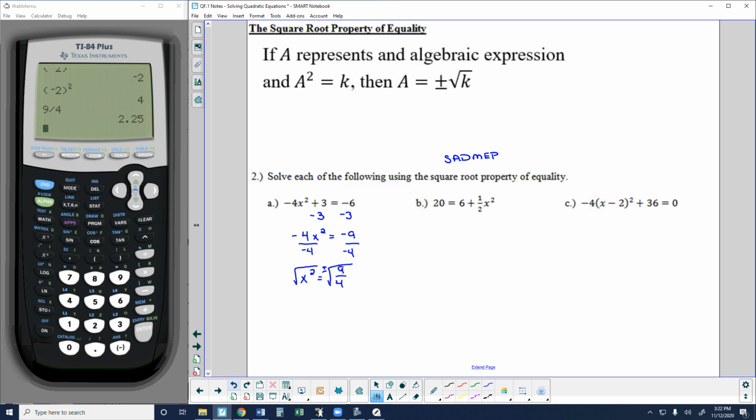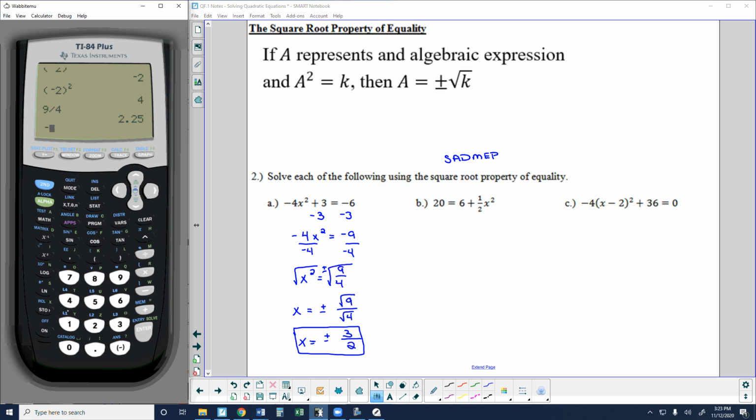When I square root x squared, x is going to be by itself. When I square root 9 over 4, I can look at this as what's the square root of 9 and what's the square root of 4? We have talked about this earlier in the year. The square root of 9 would be 3, and the square root of 4 would be 2. So my answer here is going to be plus or minus 3 halves.